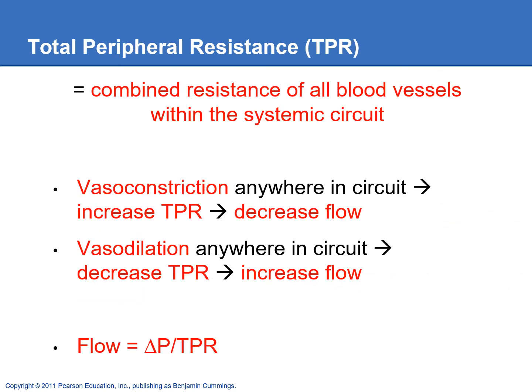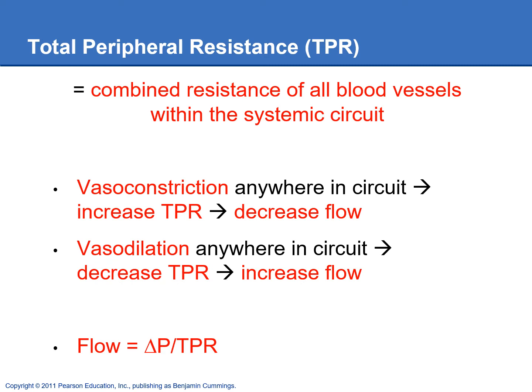So we're just going to change our flow rule a little bit. We're going to talk about our total peripheral resistance. So this is just looking at inside the systemic circuit, and we're just looking at the resistance of all the blood vessels within the systemic circuit. So if you vasoconstrict anywhere within the systemic circuit, that'll increase the total peripheral resistance, and that'll decrease the flow.